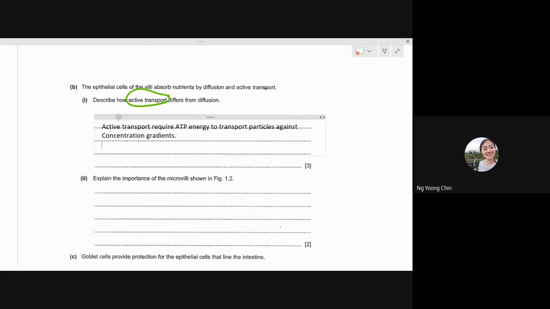Then active transport, I think I should separate this term into two words. Sorry, this one. Okay, they require energy. Energy produced from cellular aerobic respiration.